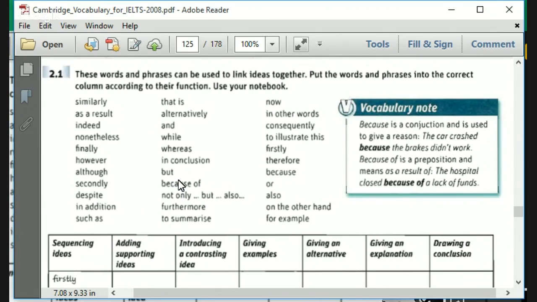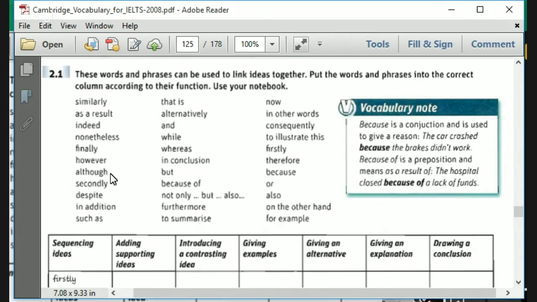For example, some of these you will see are what we also consider subordinators in English, or subordinating conjunctions. They are used to link a subordinate clause or dependent clause to an independent clause or simple sentence.